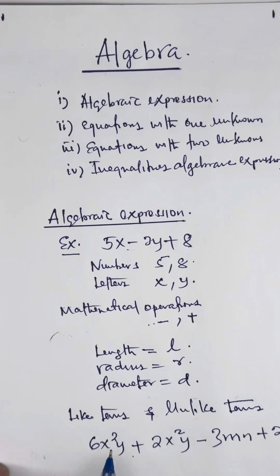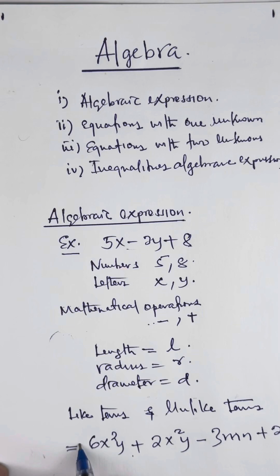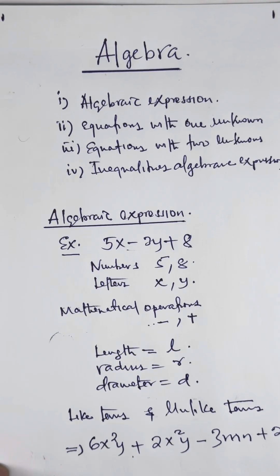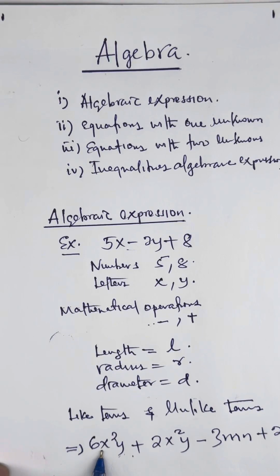So in this expression, what are the like terms? The terms which have similar letters, where each letter has the same exponent, we call like terms.